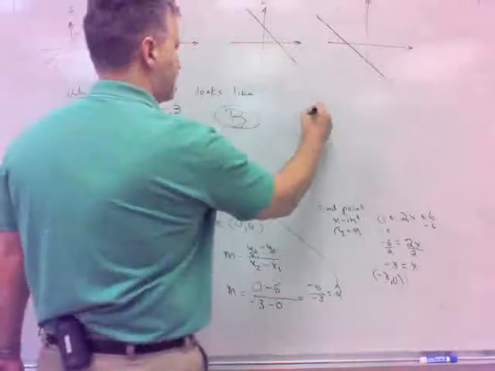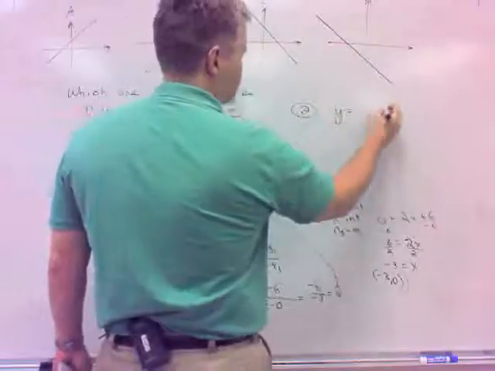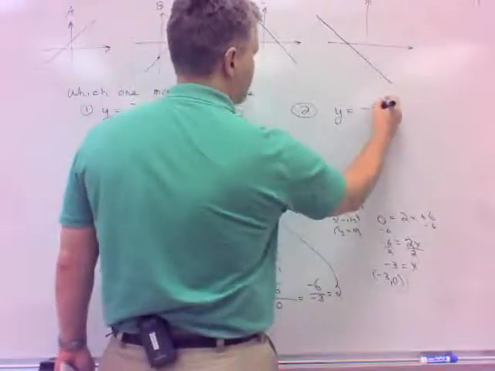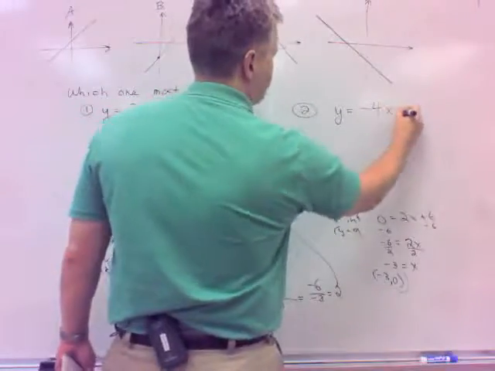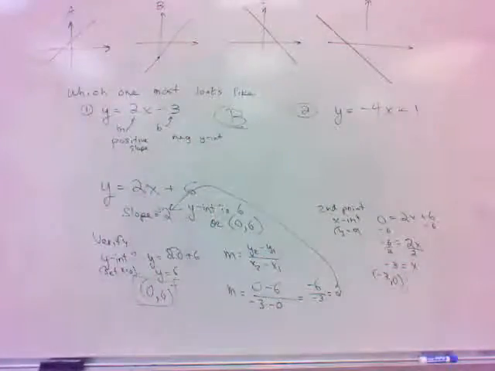All right, so which one would this be? y equals negative 4x plus 1? A, B, C, or D? Which one? D?